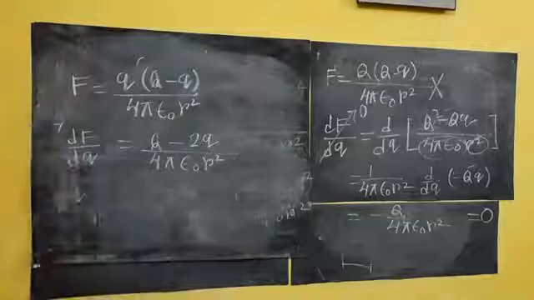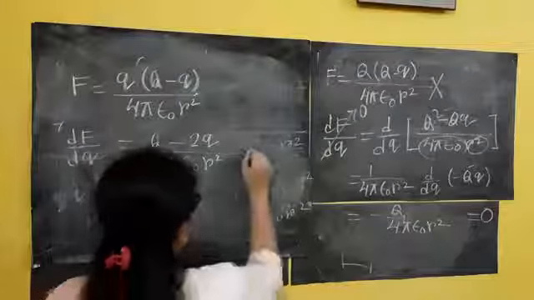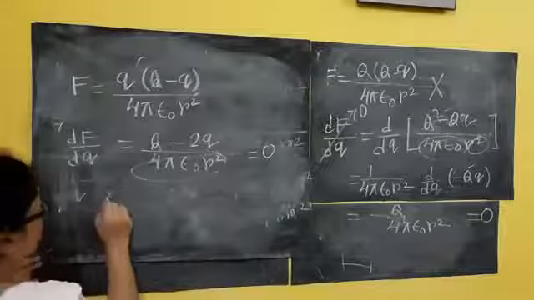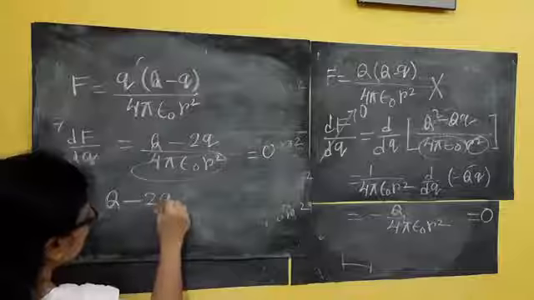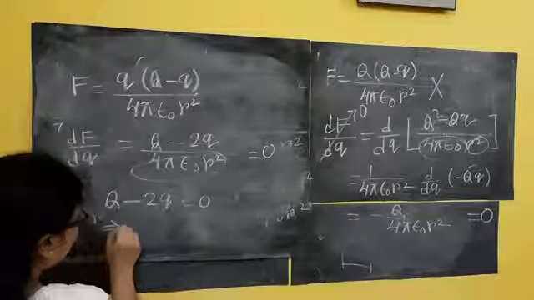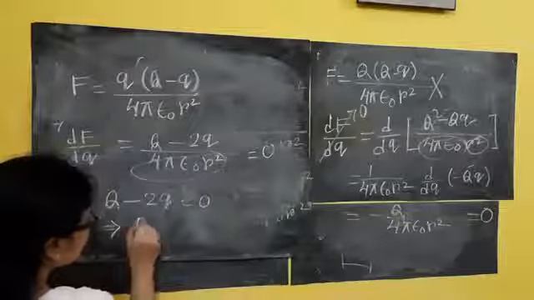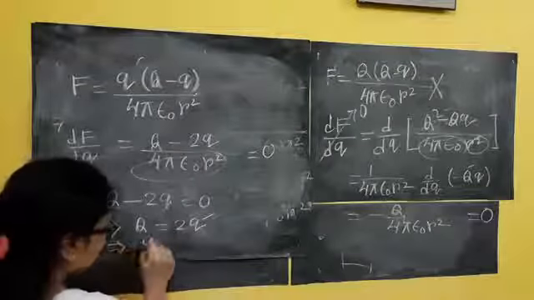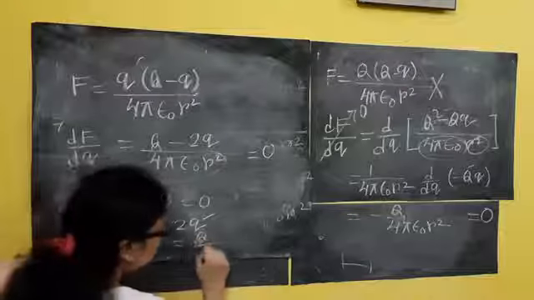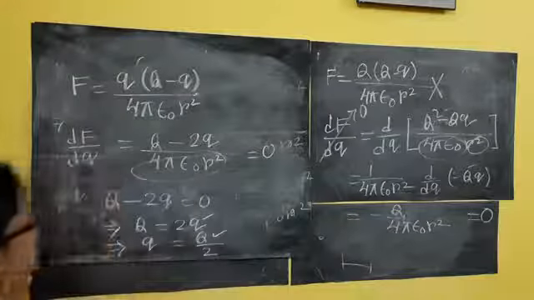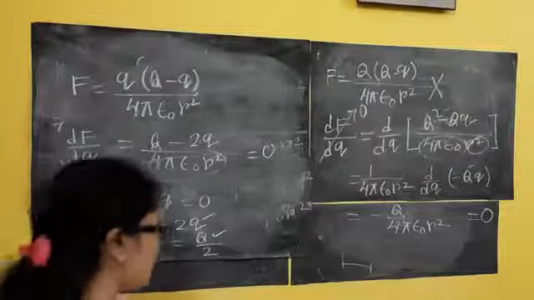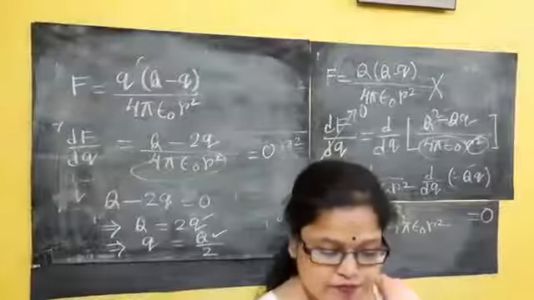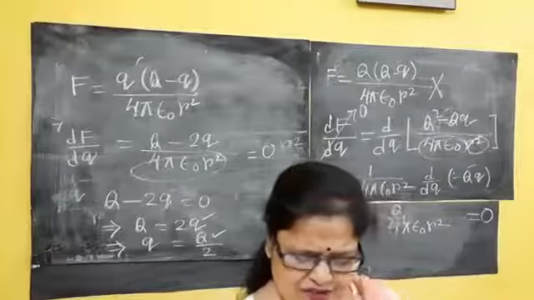To find the maximum or minimum, that should be equal to 0. These things are constant and can't be 0, so Q minus twice q equals 0. That is Q equal to twice q. The value of small q will be equal to Q by 2. It means if you take half of the charge that was given, that time the system will be in equilibrium. Clear?